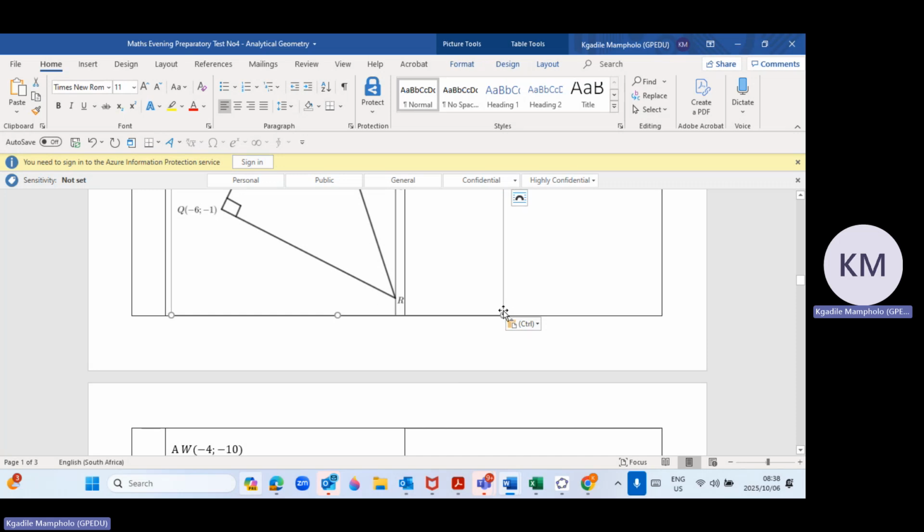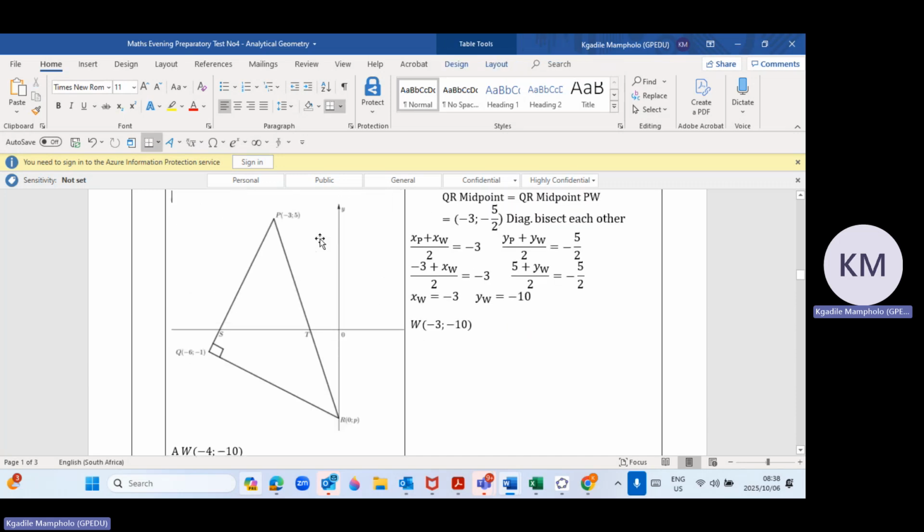Let me make it smaller so that you can see every part of it on a diagram. Since we say PQWR, it means now QR will be the diagonal of the parallelogram, then PW is the other diagonal.